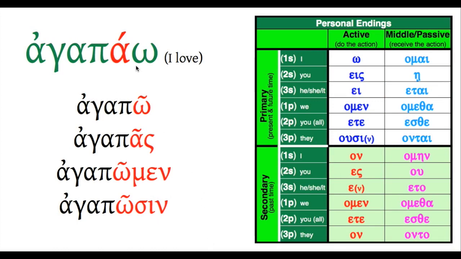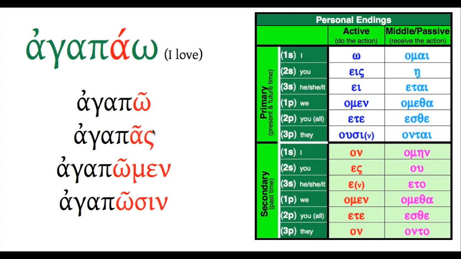Before we talk about the rules by which these vowels contract, just look at these alpha contract verbs, and I'll bet you could figure out which primary active endings are being attached, even though you don't know all the rules of contraction. Okay, these vowels are a little strange, but look at agapo, would obviously be I love.